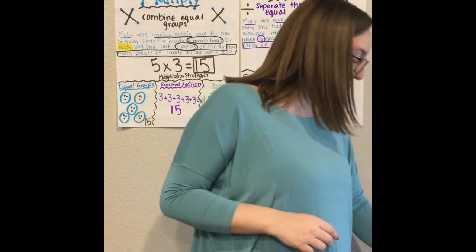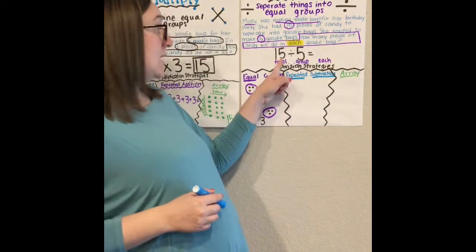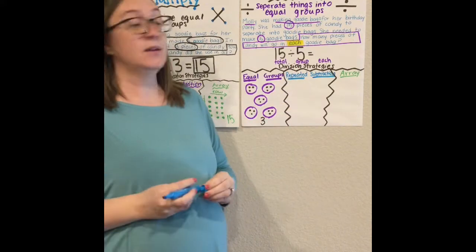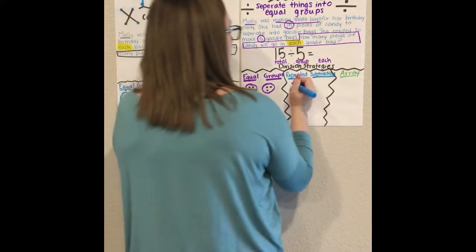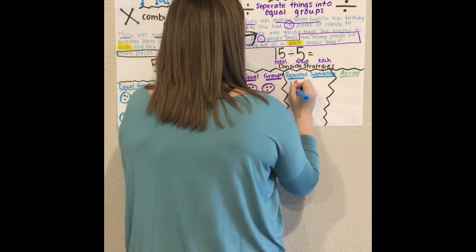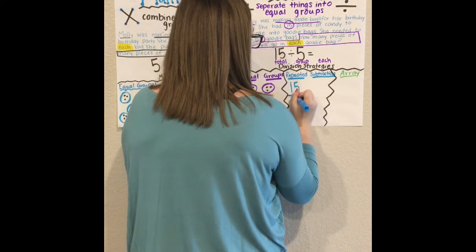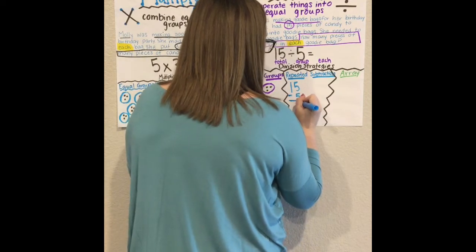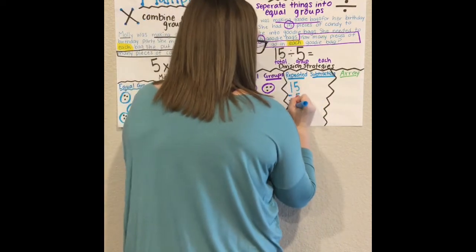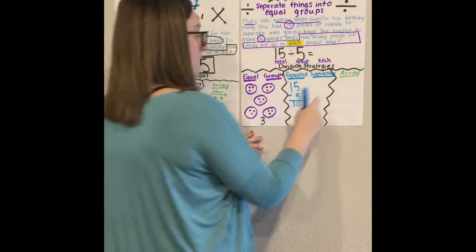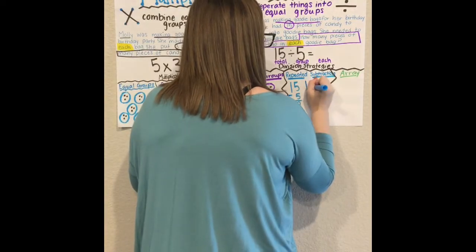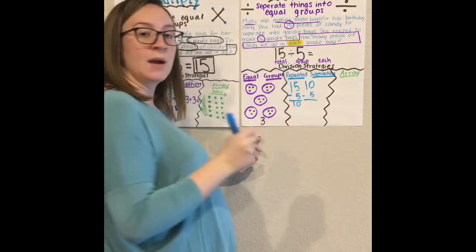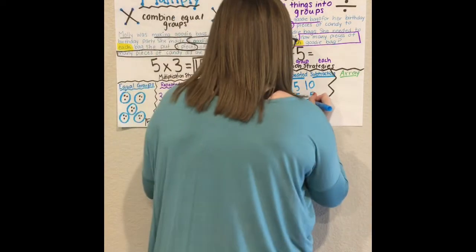So for repeated subtraction, we're going to take our total, 15, and we're going to subtract 5 each time to see how many we get to find out how much are in each. So first time, 15 minus 5. Well, 5 minus 5 is 0. 1 minus nothing is 1. So we have 10. We're going to take that number and go again. 10 minus 5. I know that 10 minus 5 is 5.